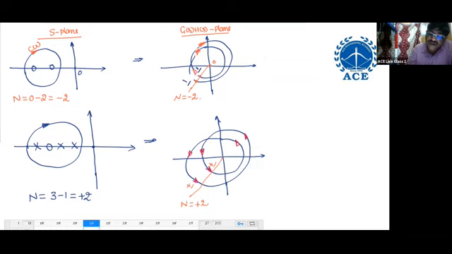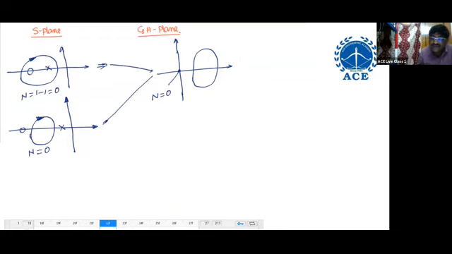So clockwise direction like this. Clockwise minus 1. This is clockwise. Here anti-clockwise, here clockwise. Right. Next.